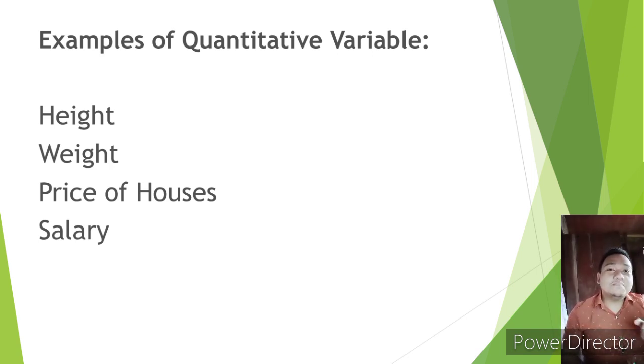If we say price of houses, that will be ranging from $20,000 or 100,000 to 200,000. And salary, it may be 10,000, 15,000, 12,000. So that is what you call quantitative variables, where you can assign numbers to a certain variable.